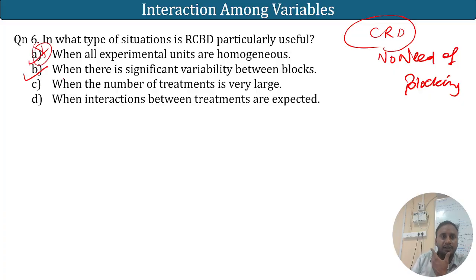When the number of treatments is very large, it's okay. Large or low, we don't think much. RCBD we can apply, is it? Yes. When interactions between the treatments are expected, there is no concept of interactions that will come under the picture, is it? Yes. So we can't go.